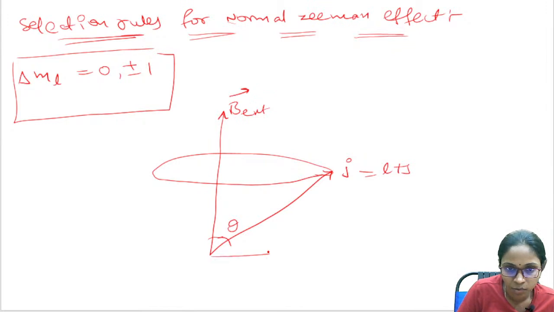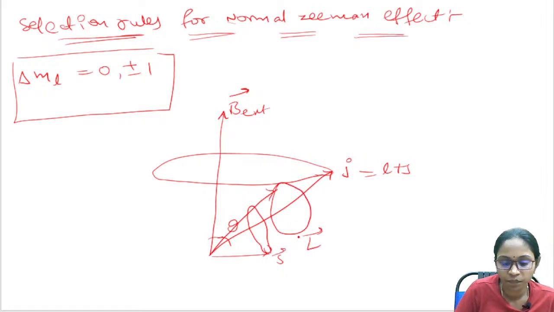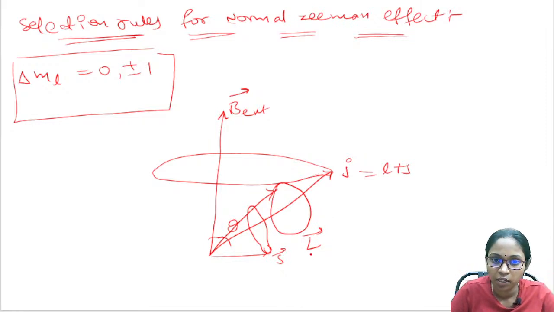And this will be the precession of the spin angular momentum about this total angular momentum J, and this is the precession of L bar.